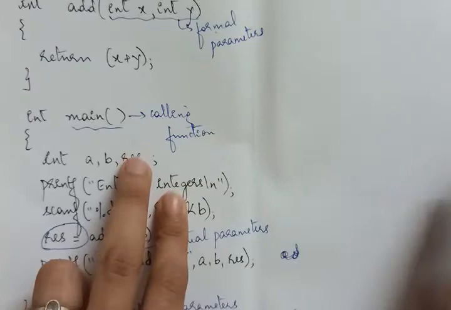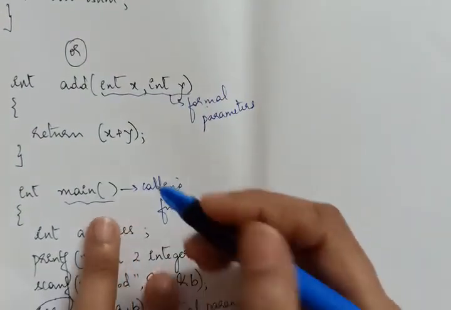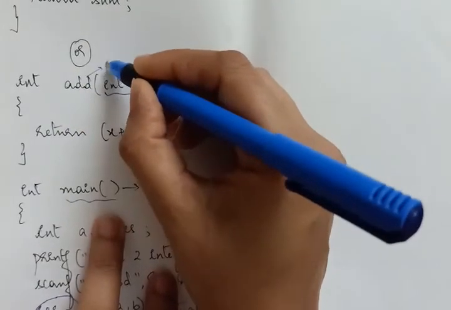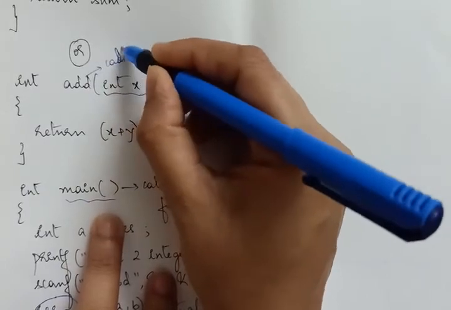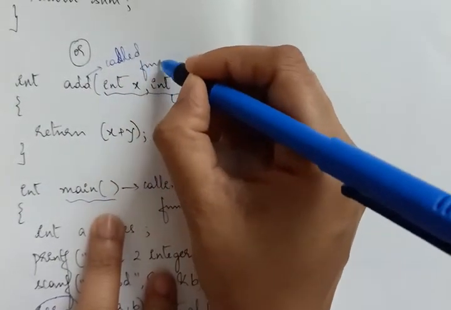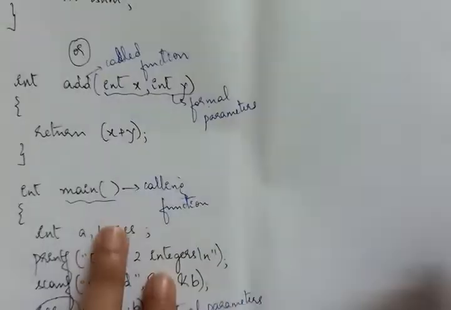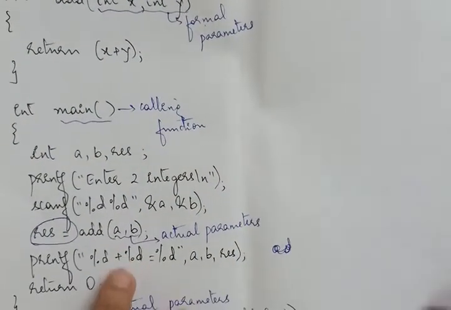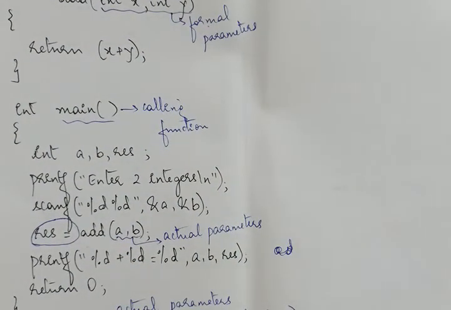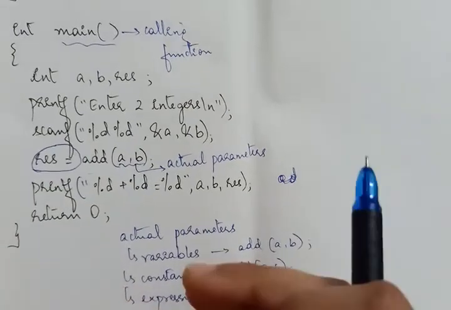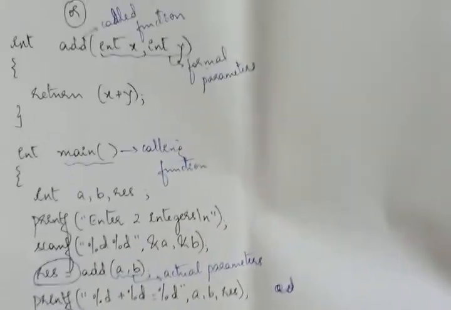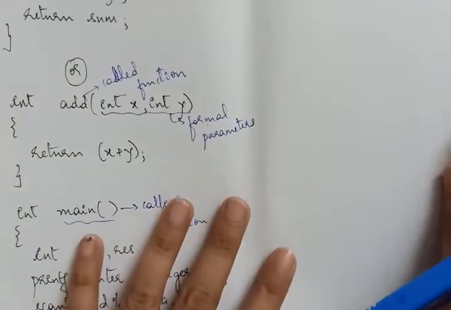Okay, and the called one, the add function, is the called function. So these terminologies please keep in mind, and we have seen different variations in return statement, different variations in actual parameters. Okay, let's see now different variations in formal parameters.